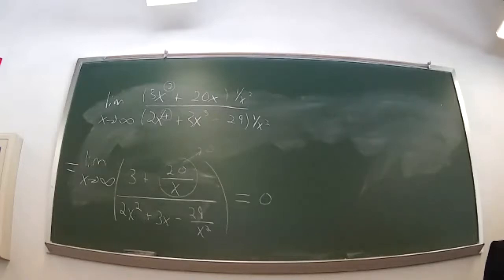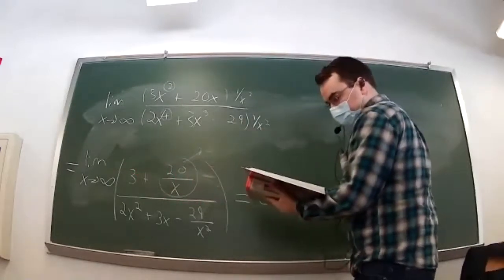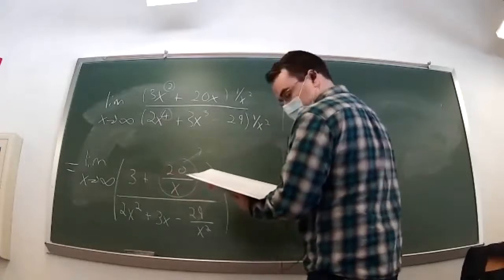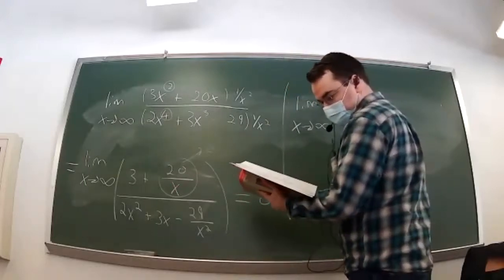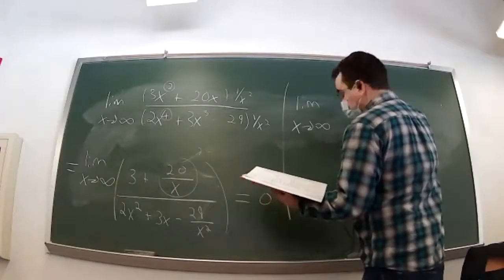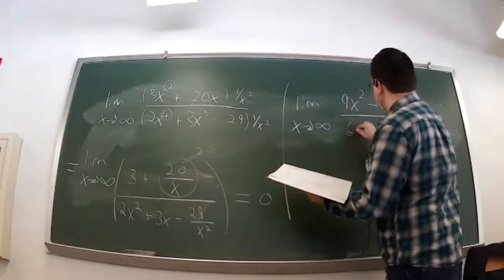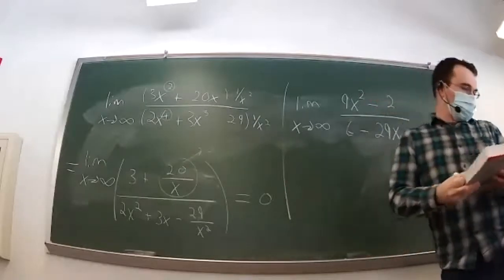Let's look at some more problems. I should give you one to at least practice. So why don't you practice on the limit as x goes to infinity of 9x squared minus 2 over 6 minus 29 times x.